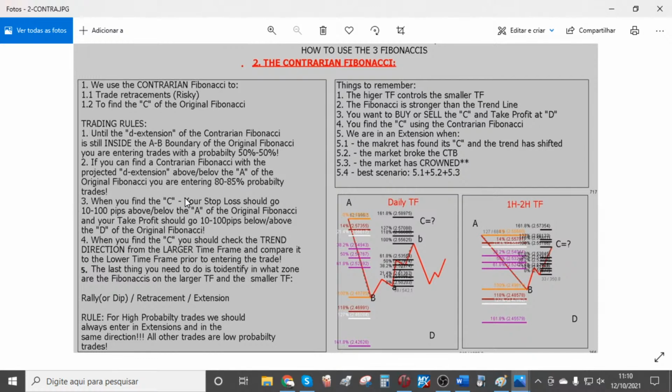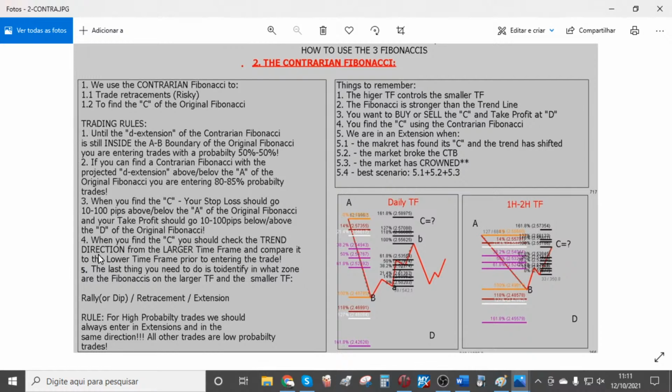Number 3, when you find the C, your stop loss should go 10 to 100 pips above or below the A of the original Fibonacci, and your take profit should go 10 to 100 pips below or above the D. So not to the pip, we profit take a little bit before. Number 4, when you find the C, you should check the trend direction from the larger time frame and compare it to the lower time frame prior to entering the trade.